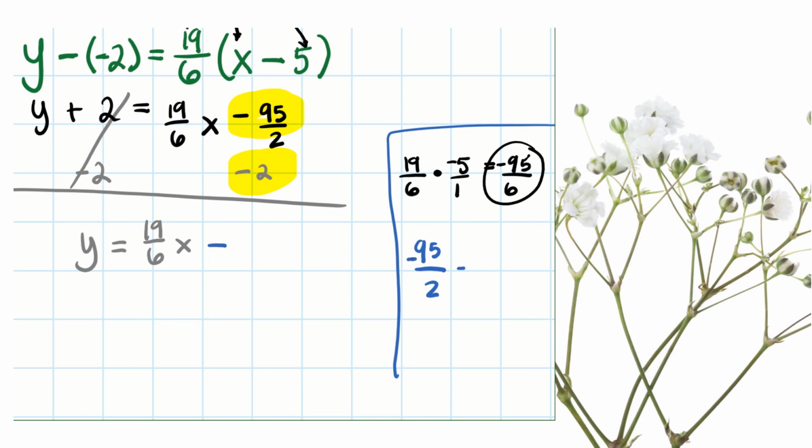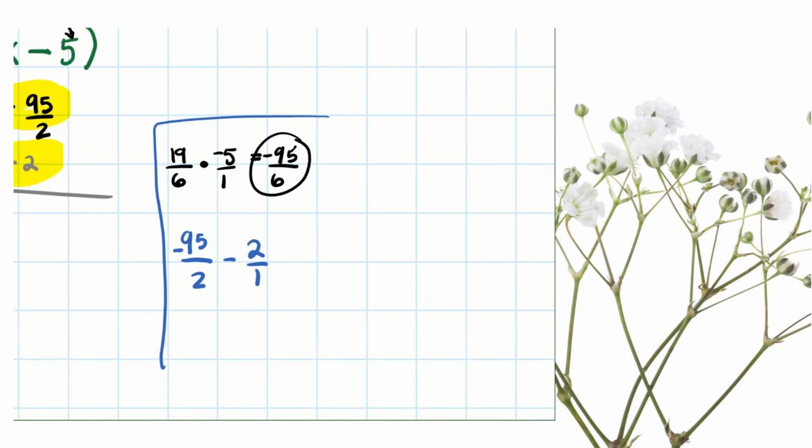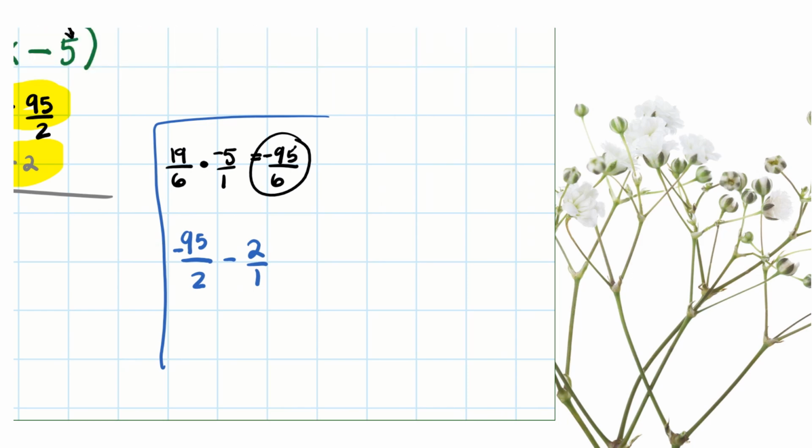All right, some side work again. And this is when I realized, hey, shouldn't be over 2, should be over 6, negative 95/6. So let's go ahead and fix it right now. Fix it right in our side work.